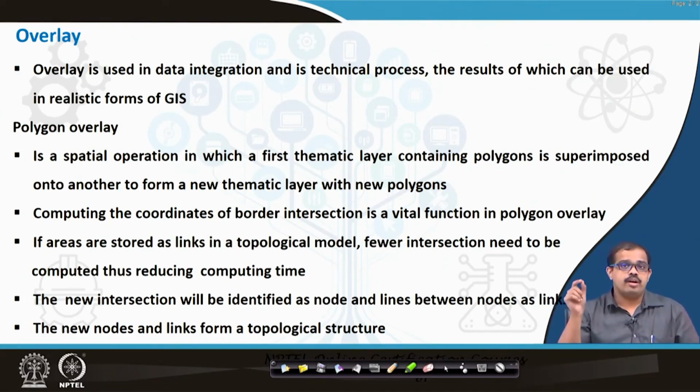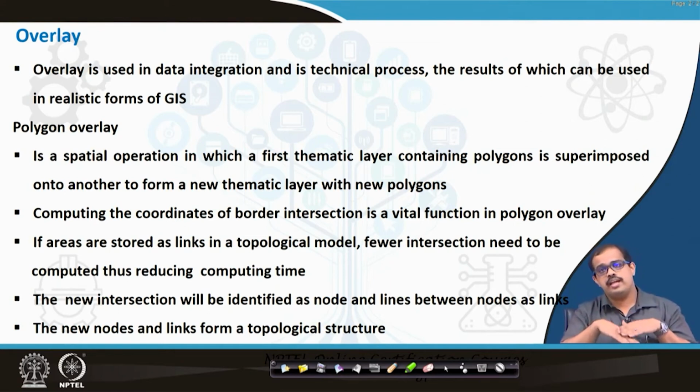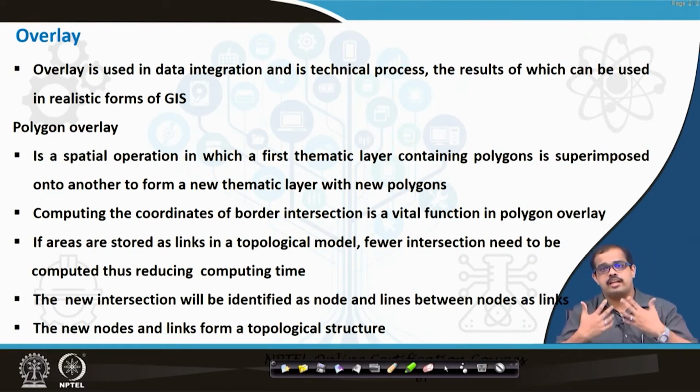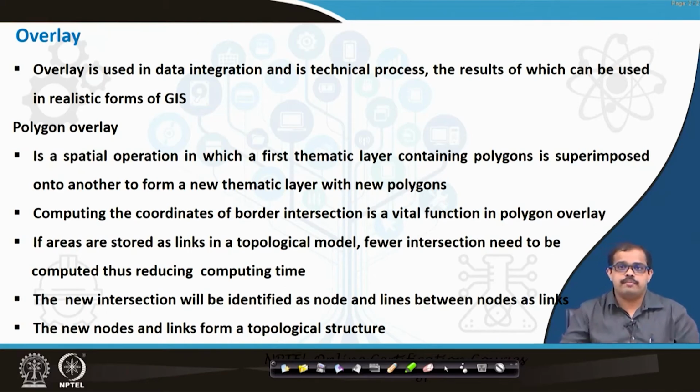Now I can look at computing the coordinates of boundary intersections for the polygon overlay. If, let us say, I have a vector layer beneath it which is a drainage network, I can find out which drains were compromised to build that particular building, because of which urban flooding is happening in a particular city.